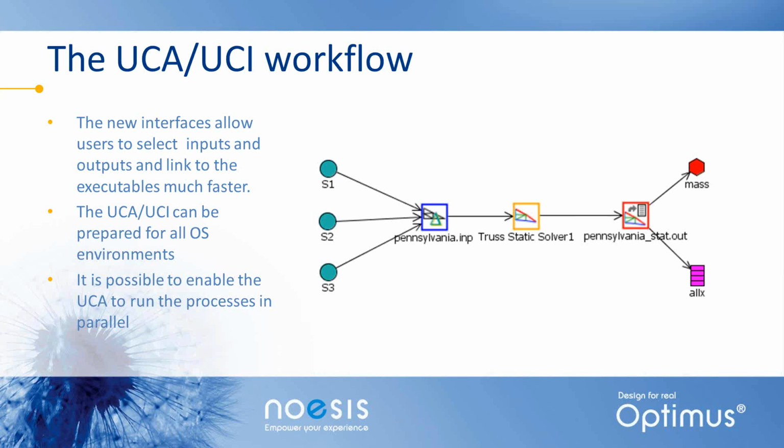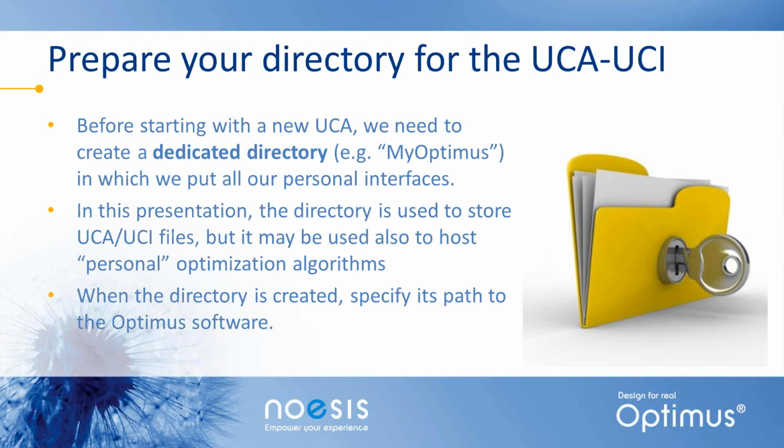What is good is that you can define a UCA, UCI for any OS environment, and moreover that you can also define a UCA that can be run in parallel. So how can we define that? Before starting with a new UCA, you first of all have to create your personal directory, like for example my Optimus, in which you can put all your personal interfaces.